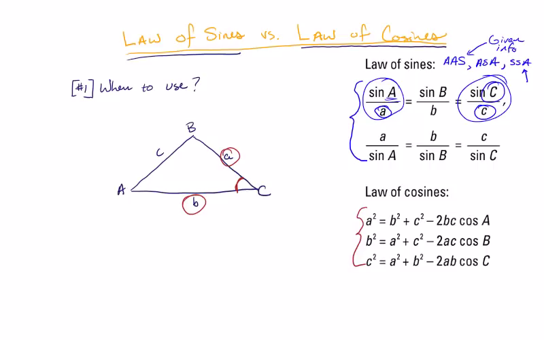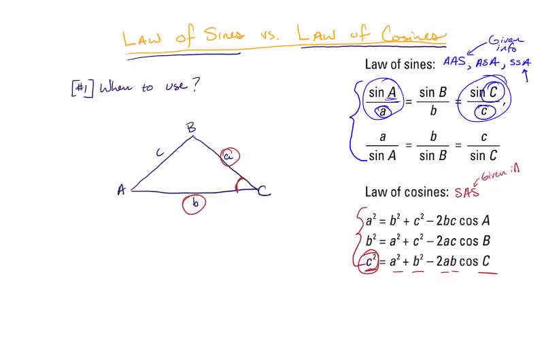In this scenario, you would be able to find side C because you know A, B, and angle C. So the given info is side, angle, side.